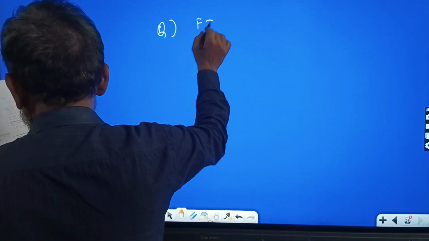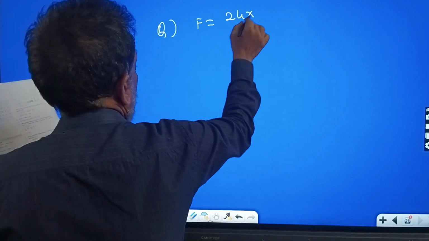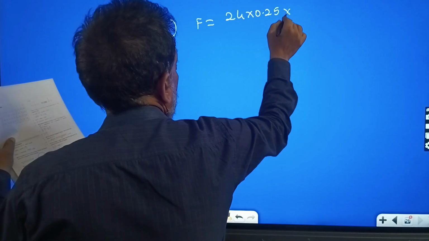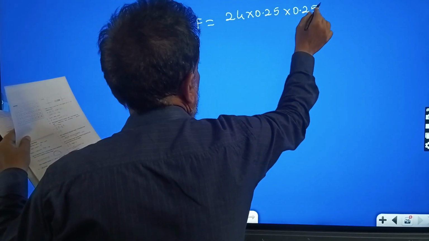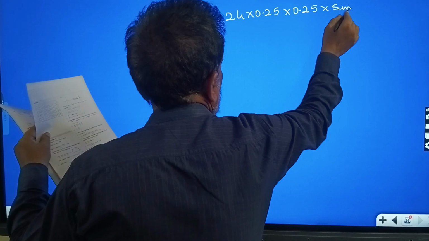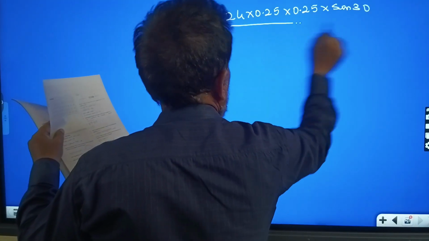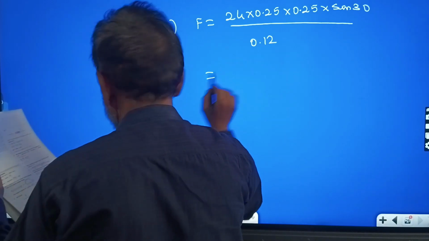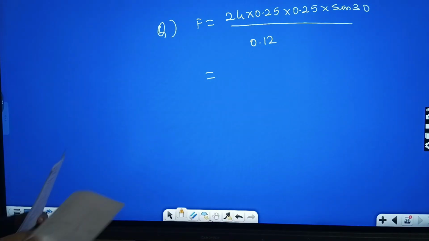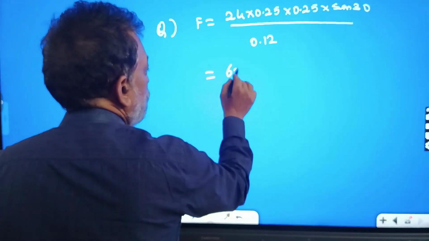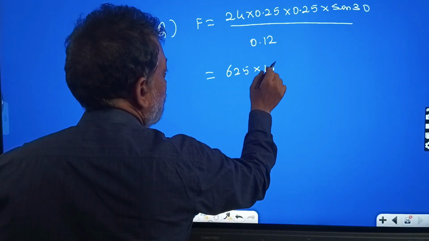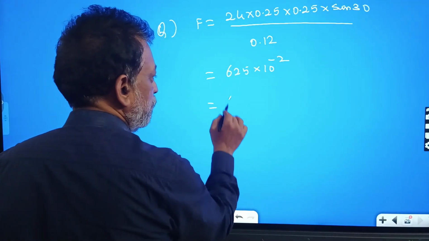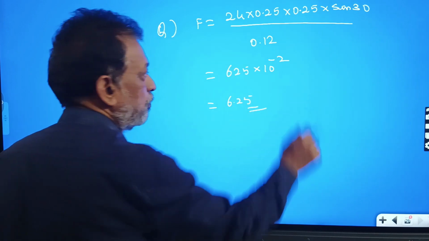F is equal to 24 into 0.25 into 0.25 into sin 30, whole divided by 0.12. 6.25 to the power of minus 2. Then you can say 6.2, no? Correct. Okay?